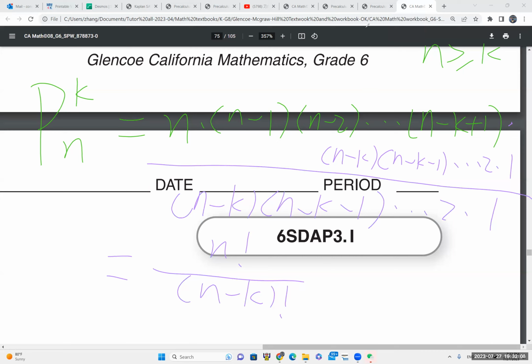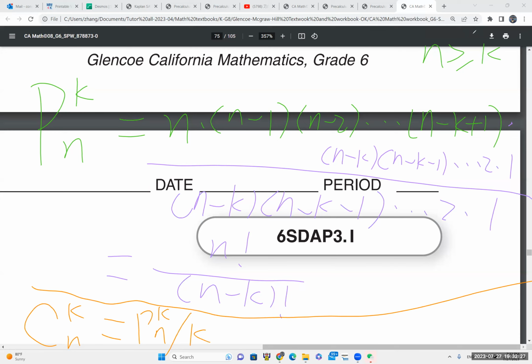Yeah. Then this is for permutation. If it's a combination, let me separate. Remember, we say it's P n, k, but you should divide the k factorial, right? Because you choose k terms. This k terms do a complete arrangement.